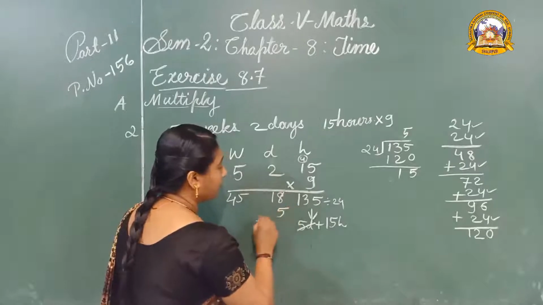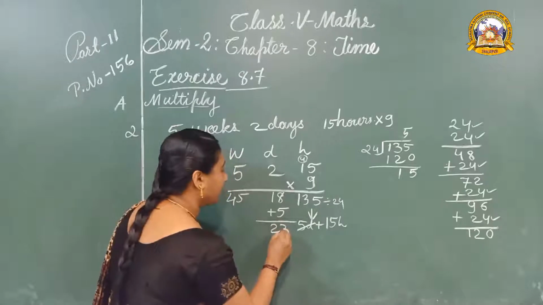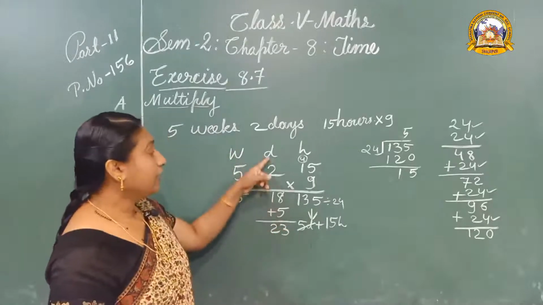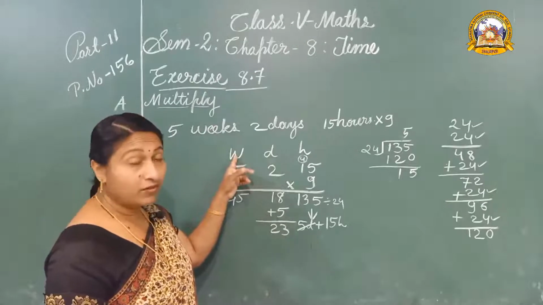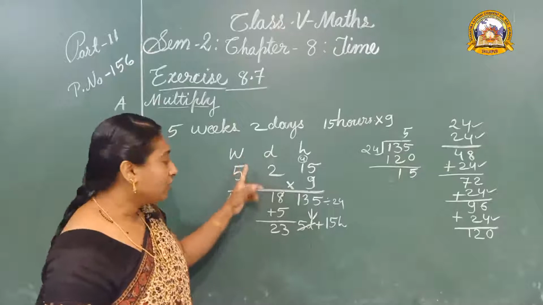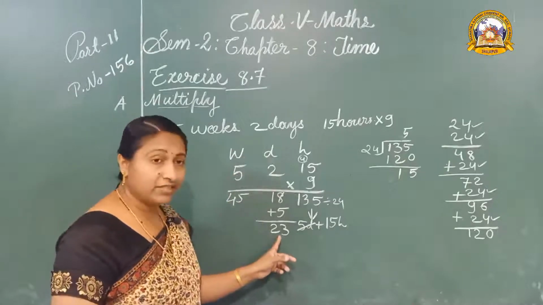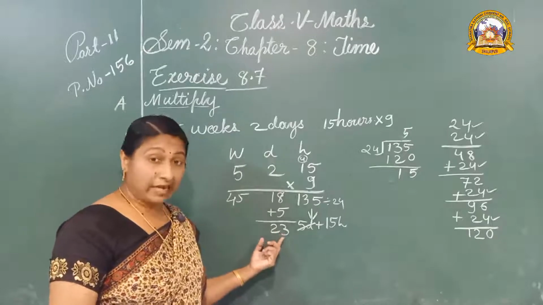Add 18 plus 5, 23. Here check days and the next column, weeks. What is the relationship between days and week? 7 days. So we have to divide this 23 by 7 because 23 is greater than 7.